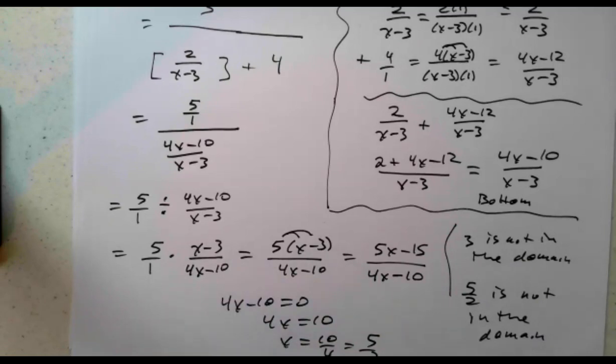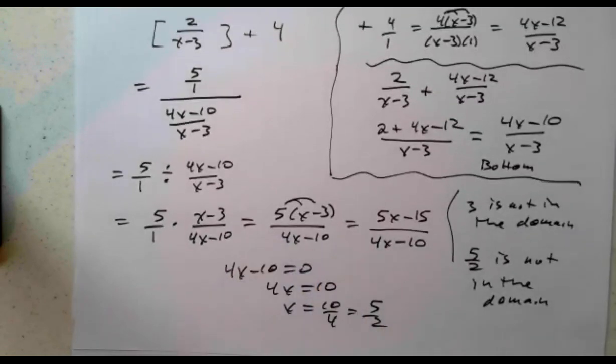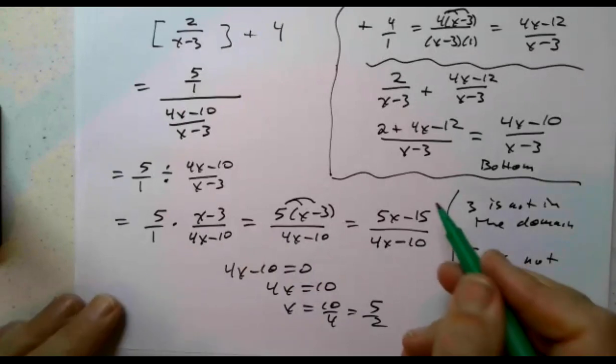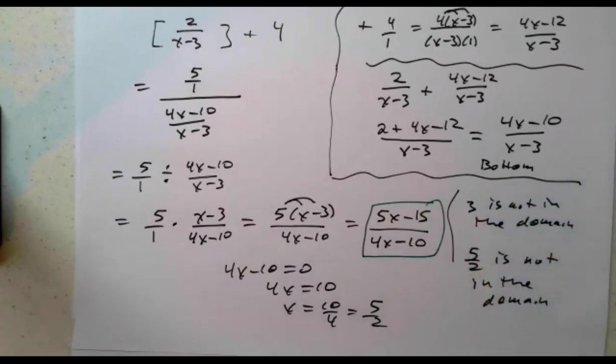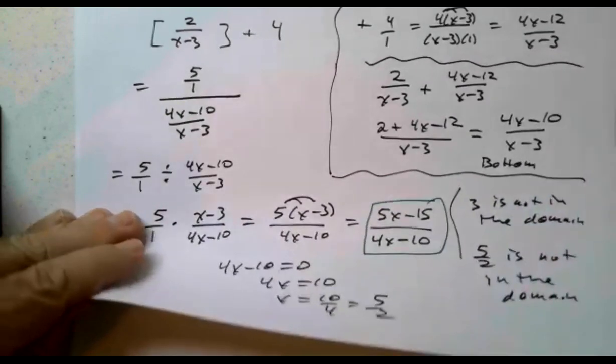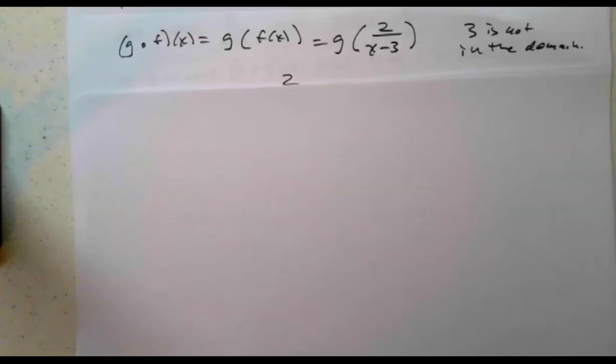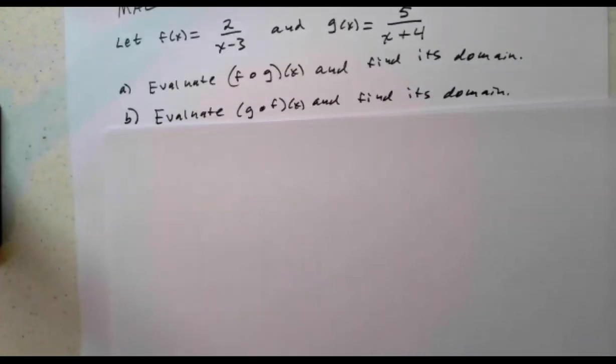So remember, this was G circle F. So we have our G circle F of x, which is here. 3 is thrown out. 5/2, which is 5/2 versus 6/2, awfully close to 3, is also not in the domain. So let's go ahead and collect all that information.